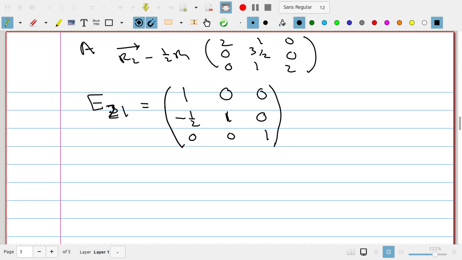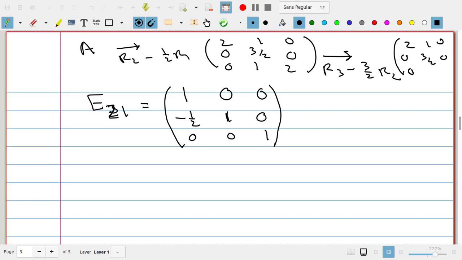The next thing we need to do is make this guy 0. The way to do that is R3 minus 2/3 R2. That makes it 2, 1, 0, 0, 3/2, 0, 0.